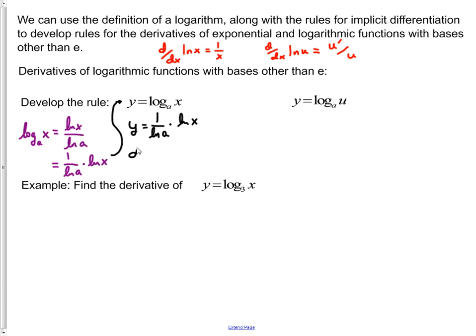So finding dy/dx is pretty straightforward. It's going to be 1 over the natural logarithm of a times 1 over x. Or stated another way, 1 over x times the natural logarithm of the base a is our derivative of y equals log base a of x.